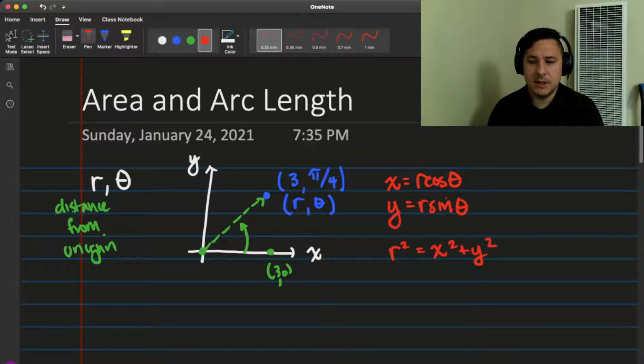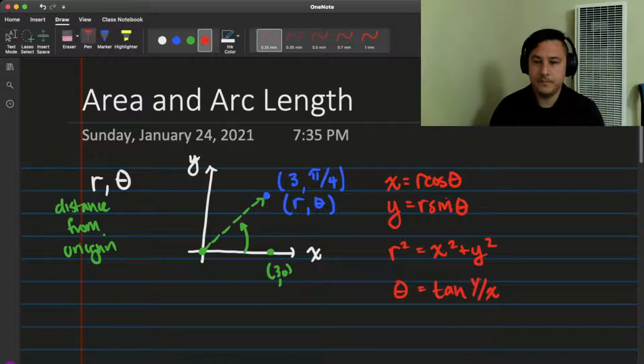And theta equals the tangent of y over x.